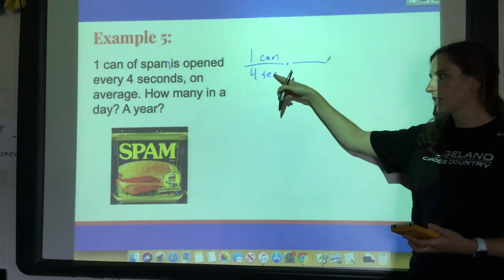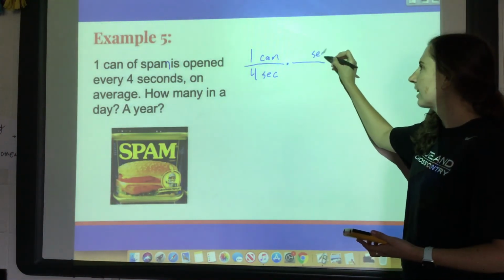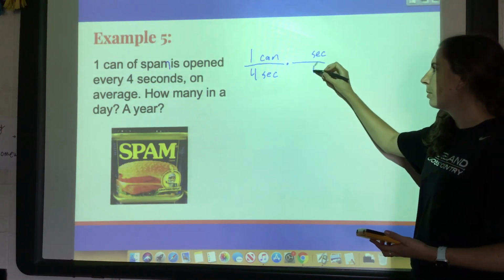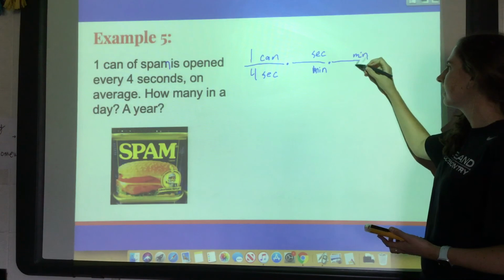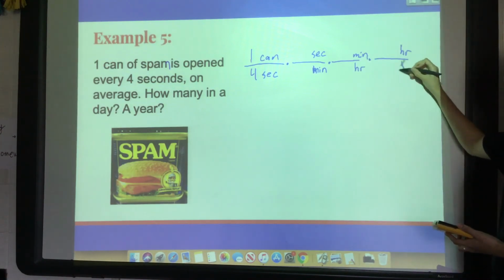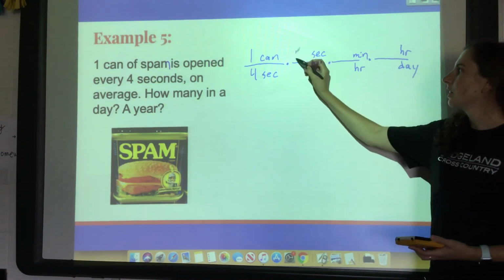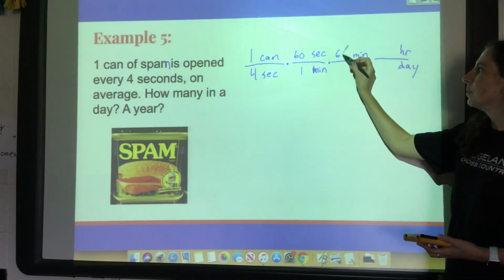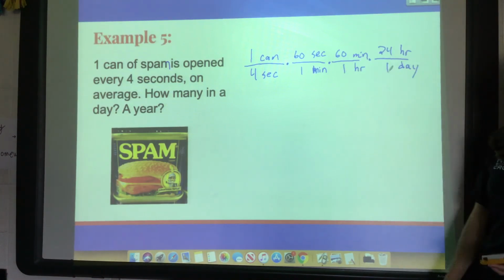Currently it's in cans per second. I want to know how many in a day. So I can convert seconds to maybe minutes, and then I could convert minutes to hours, and then I could convert hours to day. So 60 seconds in a minute, 60 minutes in an hour, 24 hours in a day.